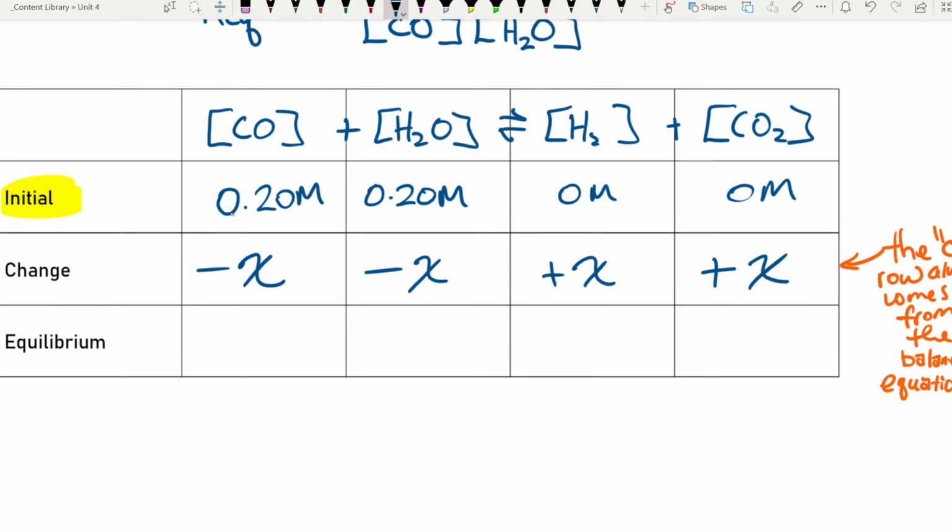Well, whatever it is, we know that we started with and we know it's going down by So whatever this is, it's going to be 0.20 molar minus X. And then obviously we'll put the real number once we know it. What about this one here?